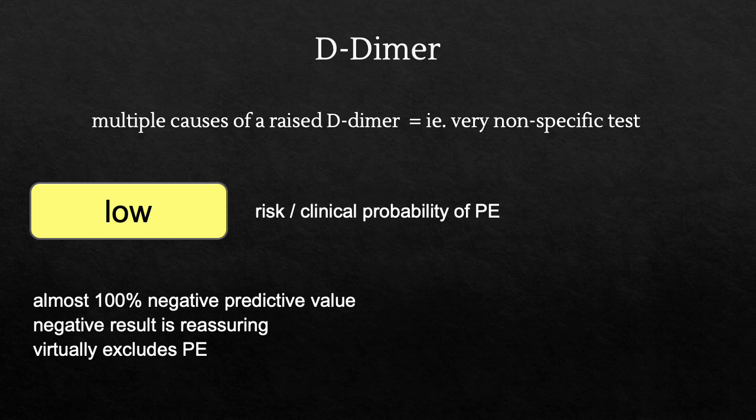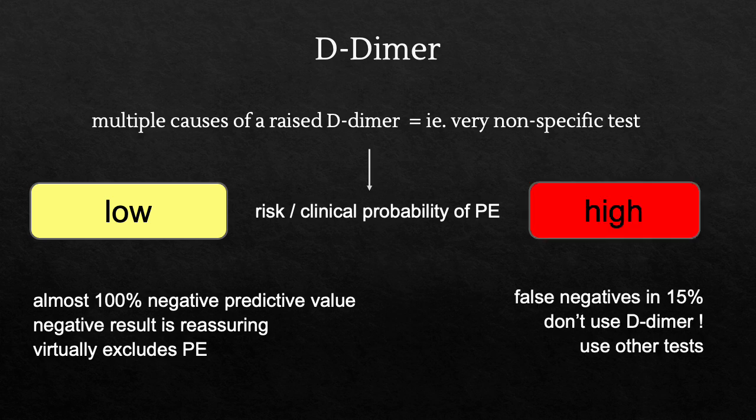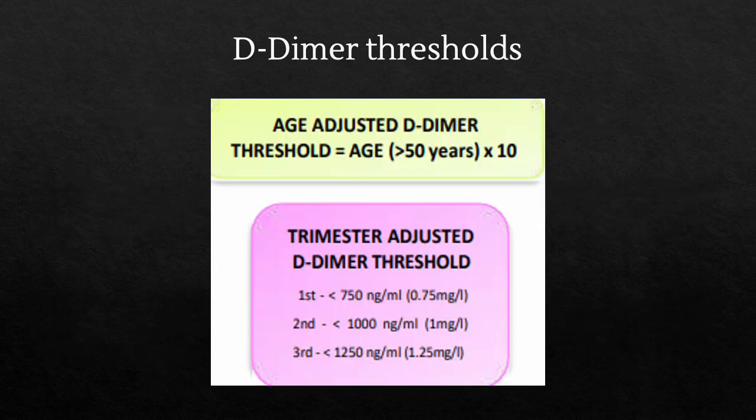You have to then further investigate. Don't use D-dimers in patients who've got a high risk for PE because they have an unacceptably high false negative rate. Rather use other investigations.